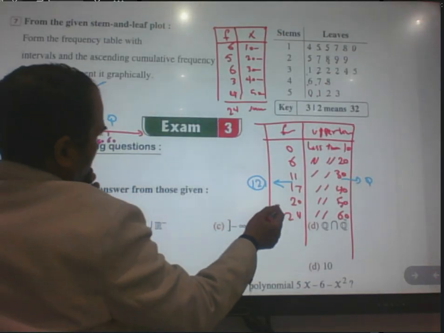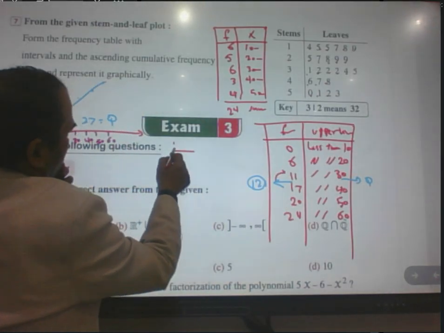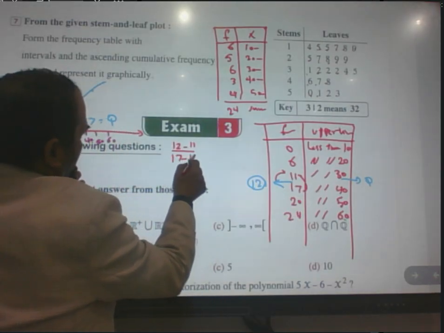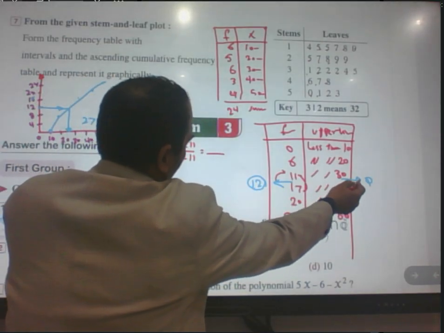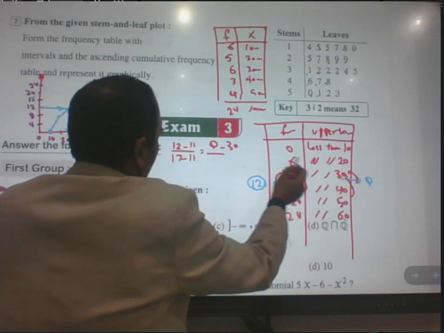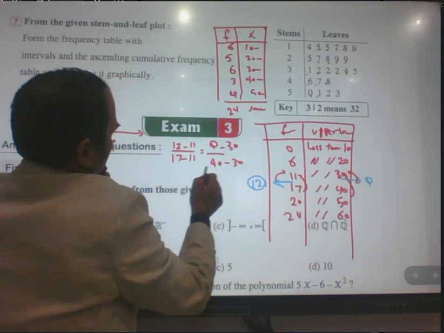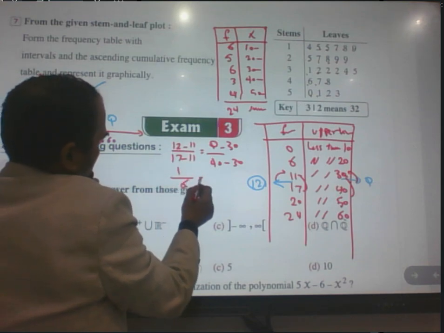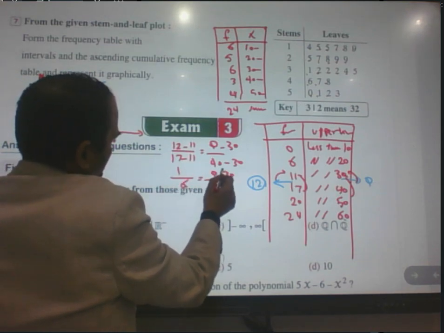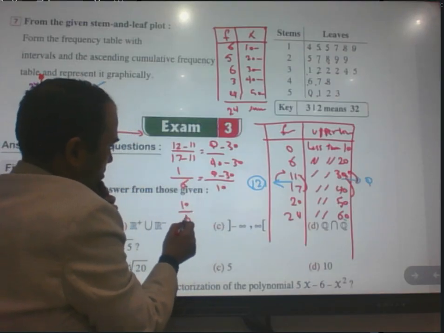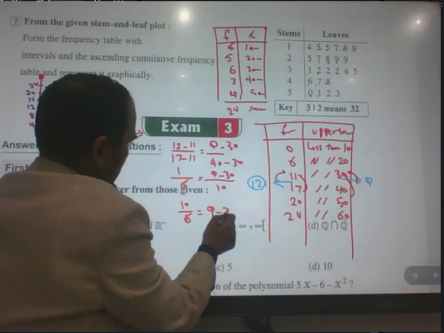And then you can write the steps: 12 minus 11 over 17 minus 11 is equivalent to Q minus 30 over 40 minus 30, where Q refers to the value of the median. 12 minus 11 is 1. 17 minus 11 equals 6. 40 minus 30 is 10. So 1 over 6 equals Q minus 30 over 10.